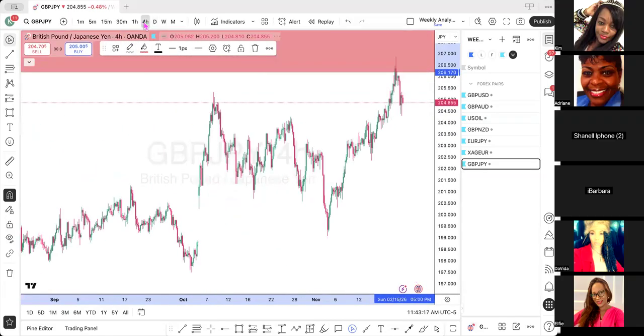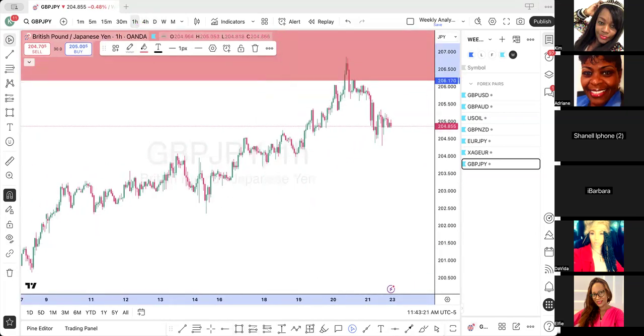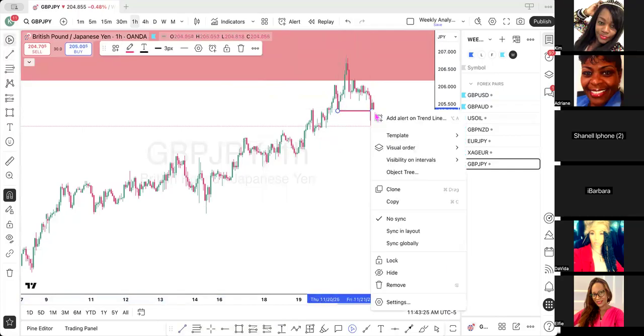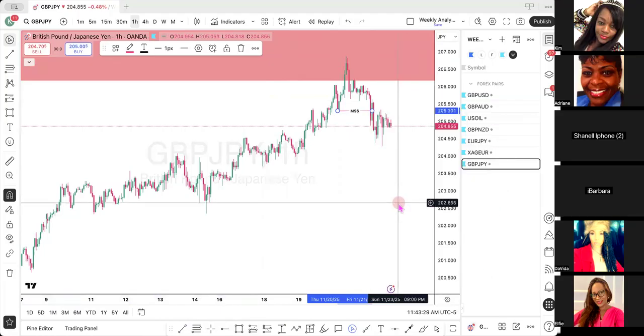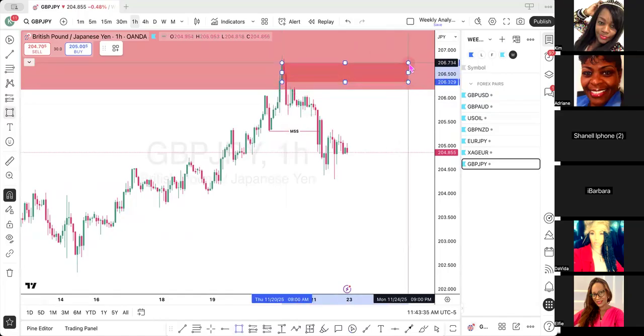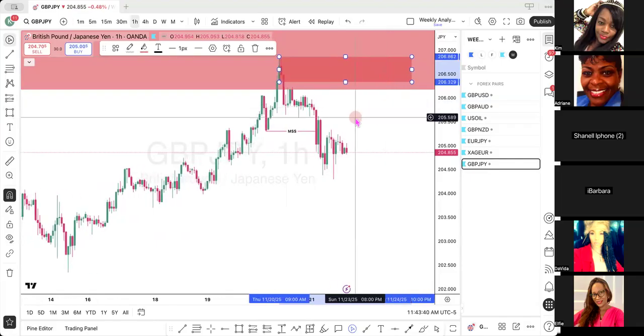If I go down to my 1 hour, we had a market structure shift here. So I am expecting price to pull back into this supply zone.